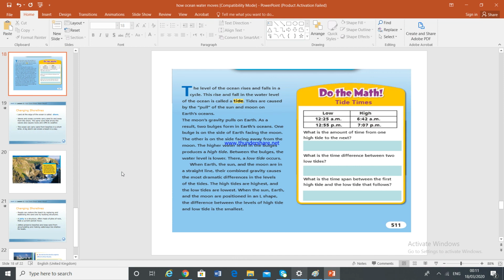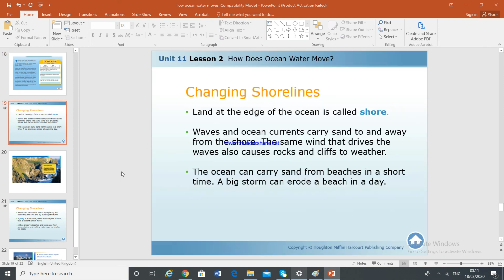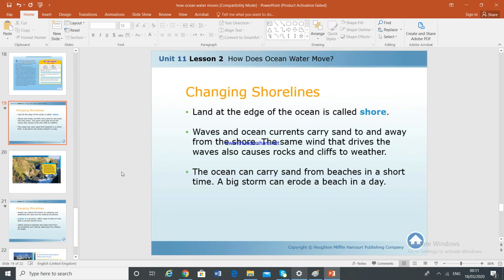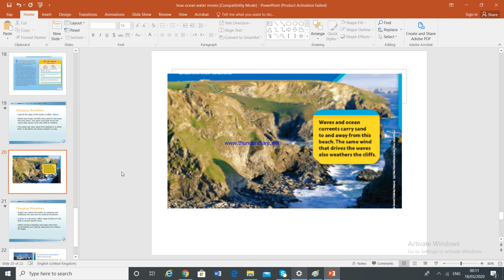Storm surge, yes. Storm surge, and then rip current. And then we spoke about tides, low tides and high tides, and finally about the shore. Okay, guys? So this was the lesson: how does ocean water move?